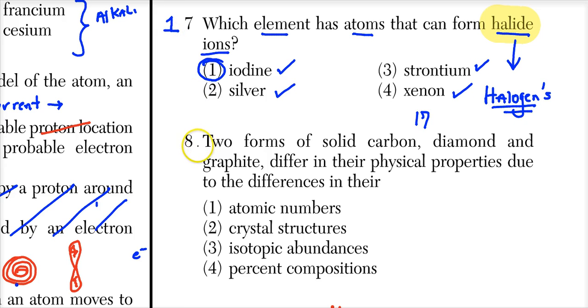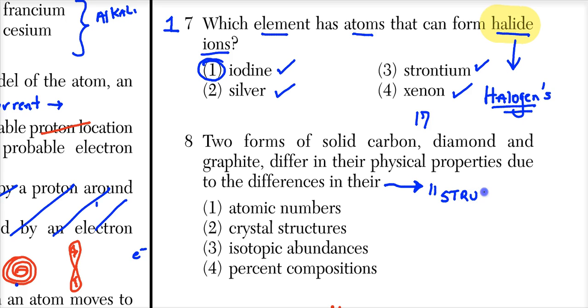Number 8, 2 forms of solid carbon, diamond and graphite, differ in their physical properties due to differences in their... A common theme, we're dealing with carbon-based compounds, which tend to be organic, and this is definitely the key in organic chemistry. As I'll say over and over again, structure is king.